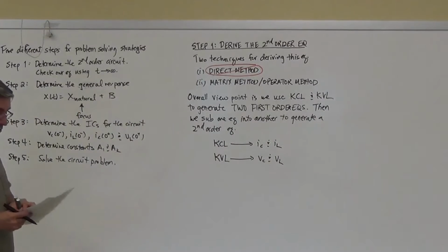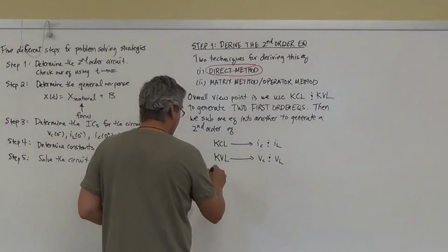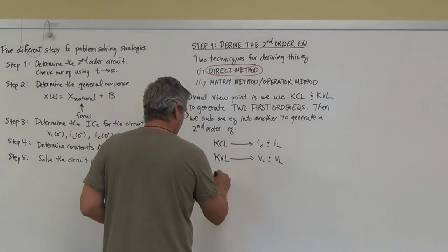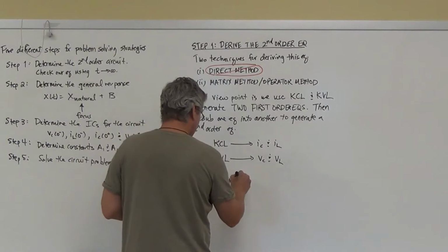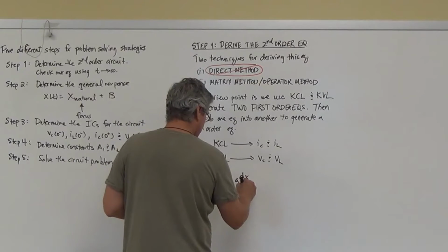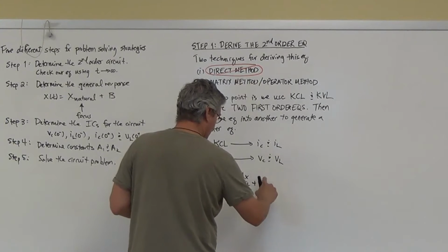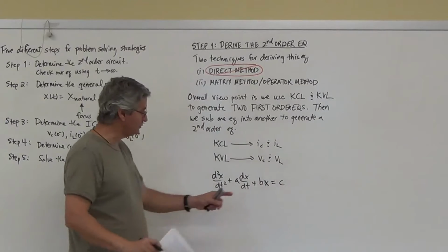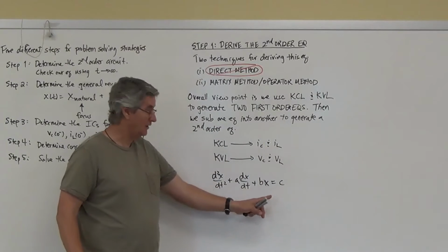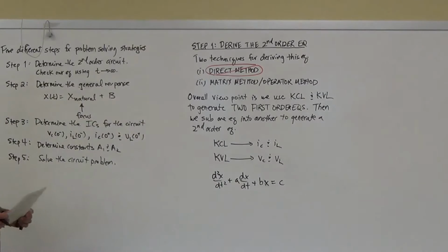So the overall viewpoint looks something like this, where in the end we're going to get a second order equation that looks like this. And since our force term here is always going to be a constant, it's going to be exactly like this shape right here.